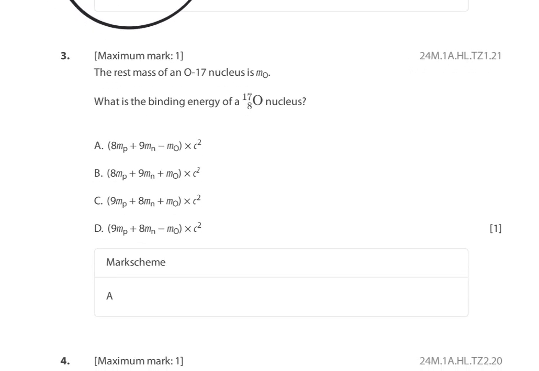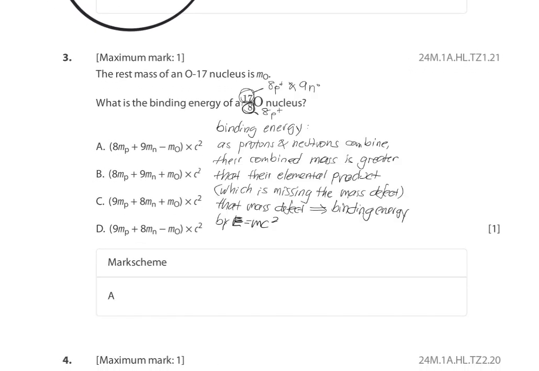Okie dokie, let's take a look at number 3. So binding energy: as the protons and neutrons combine to make an elemental product, their combined mass of all of the protons and neutrons is greater than the mass of the elemental product. That missing mass, what they call the mass defect, becomes the binding energy to hold the oxygen atom together, by E equals mc squared.